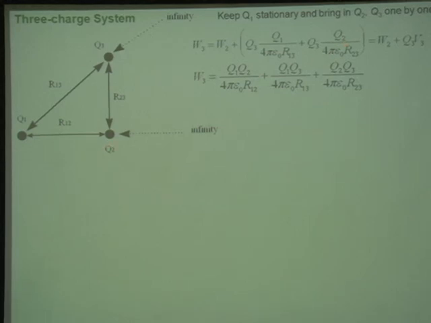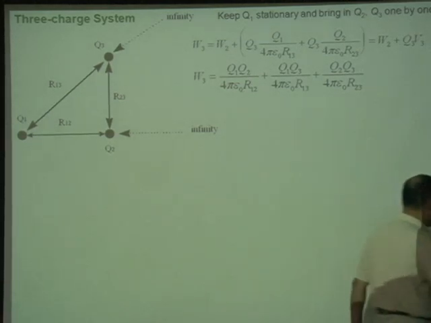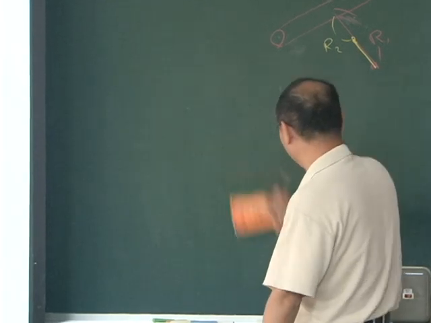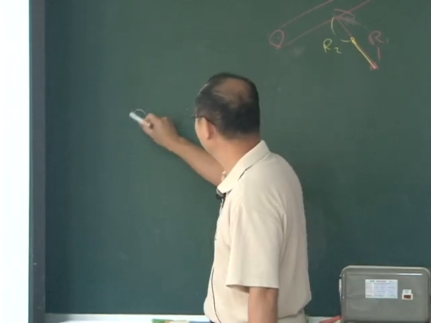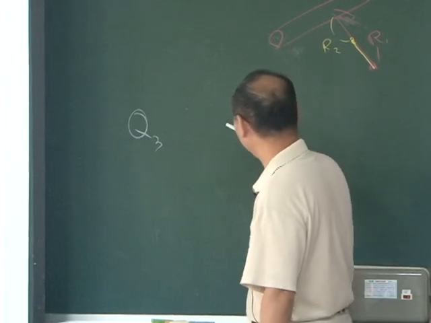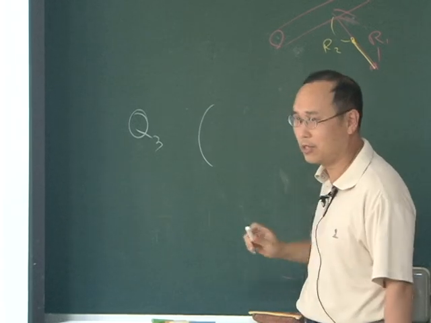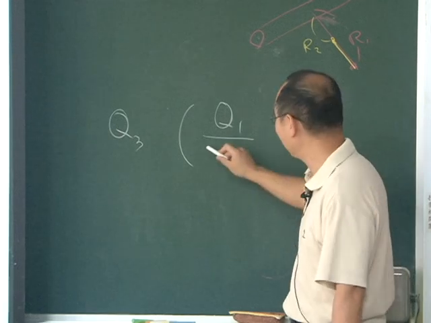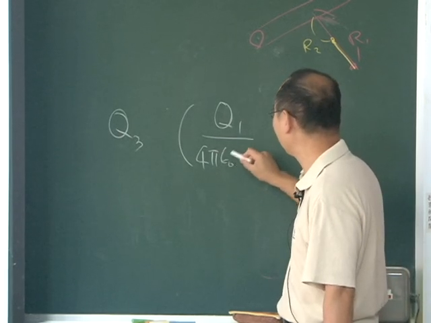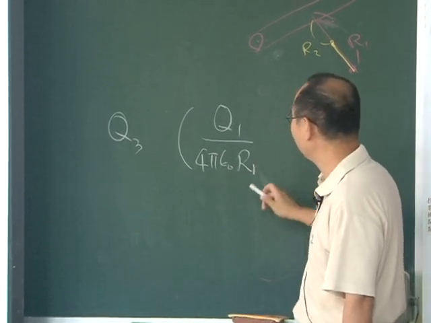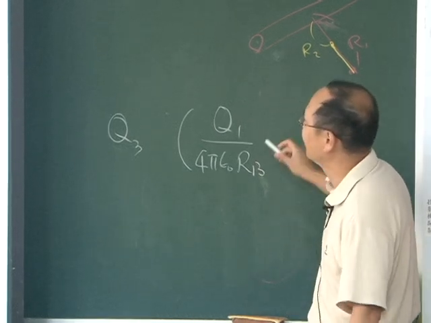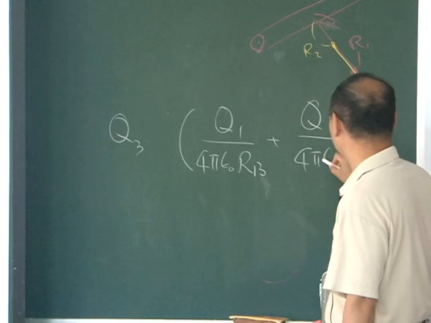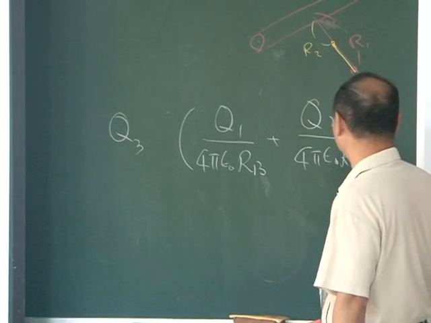So the total electric potential seen by Q3 is going to be Q1 over 4π ε0 R13 plus Q2 over 4π ε0 R23.